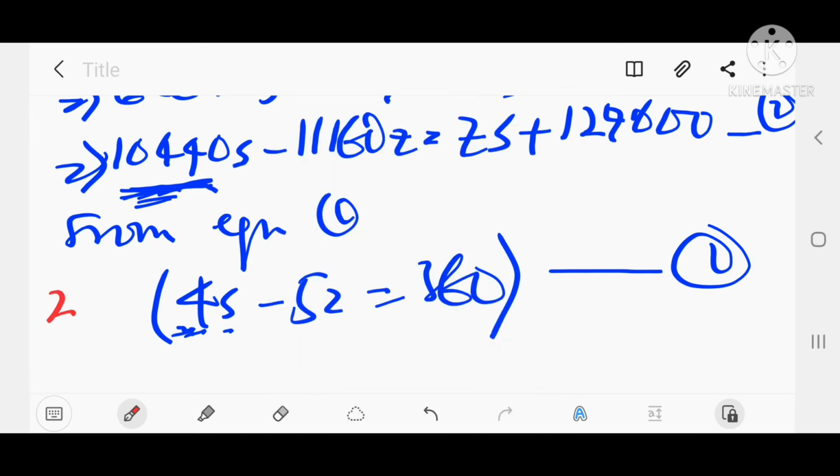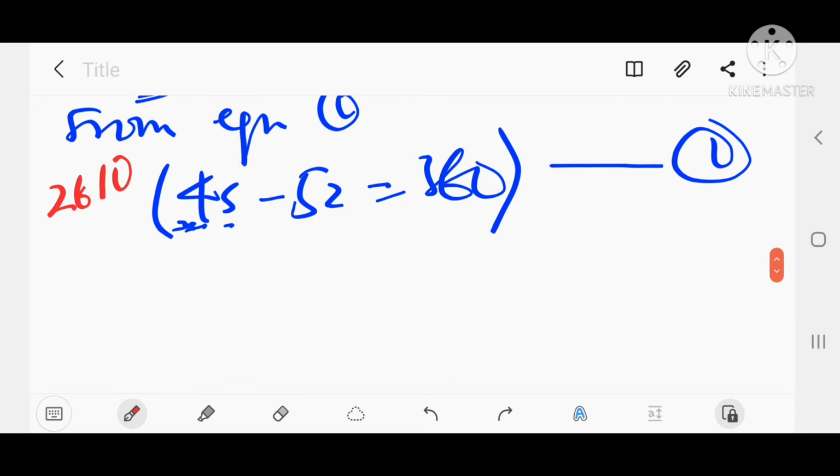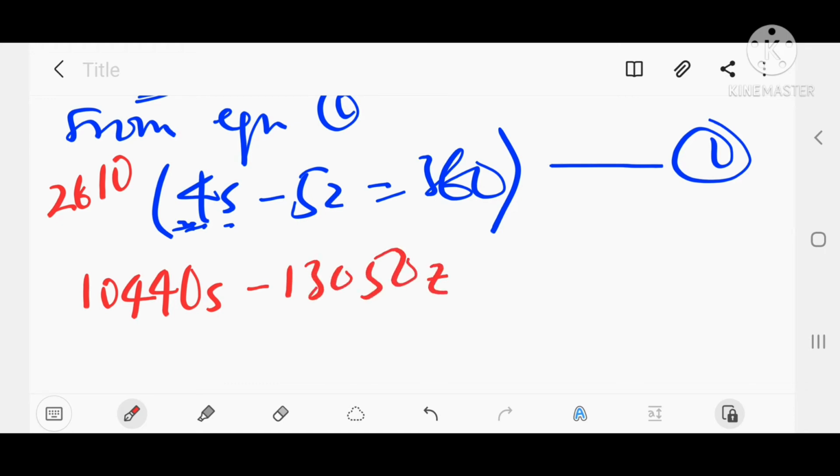Using 2610 to multiply equation 1, we have a new equation, which will be 10440s minus 13050z equals 939,600, and that will be equation 3.